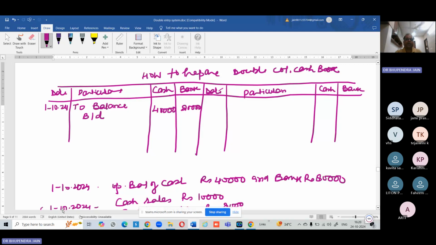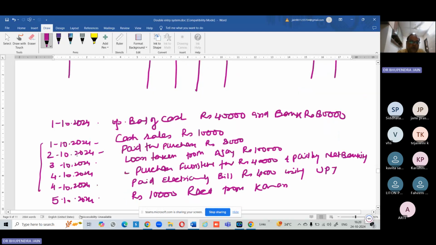Now, beta, after this, the transaction on 1st October 2024: cash sales rupees 10,000. So, beta, payment received we record on the debit side in the cash book, and when we make a payment, we have to record it on the credit side in the cash book.